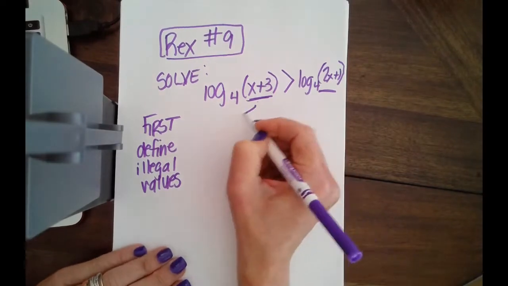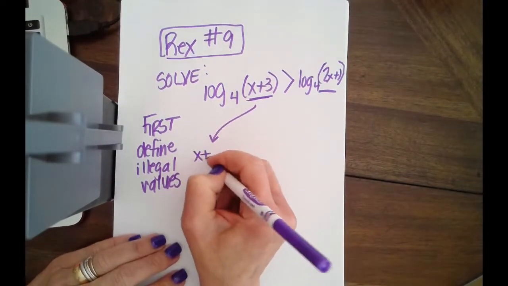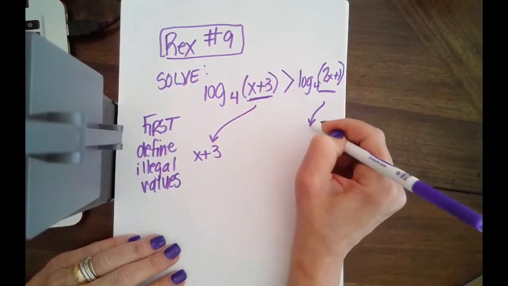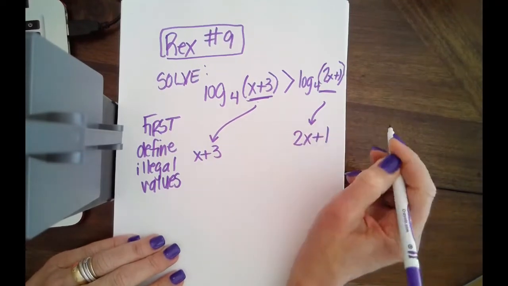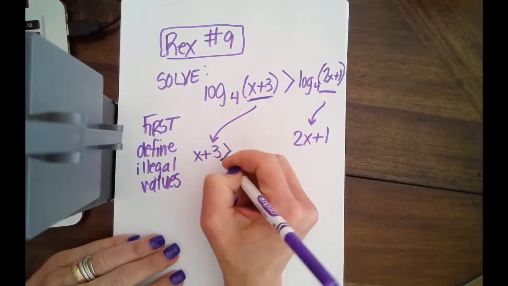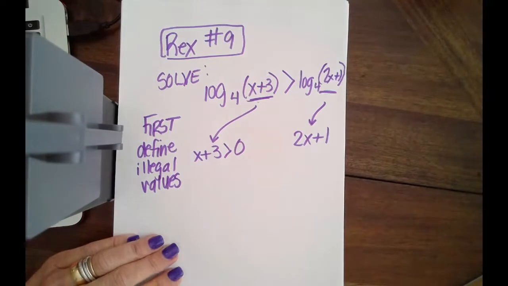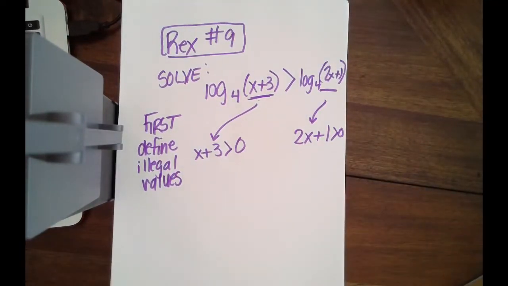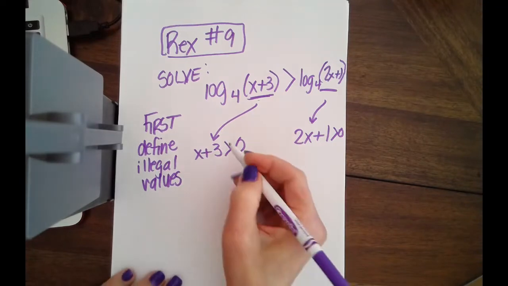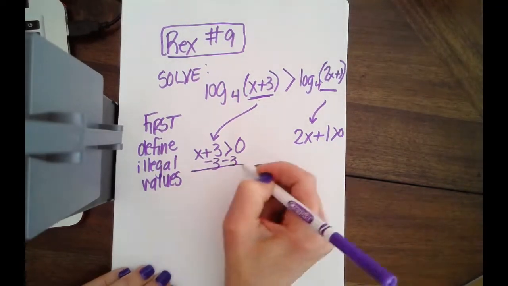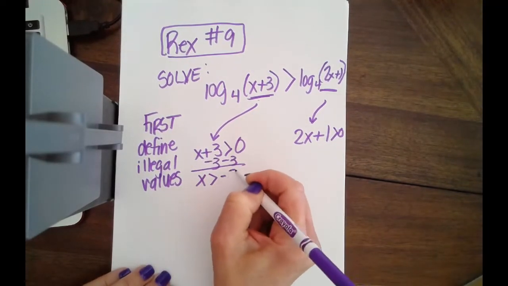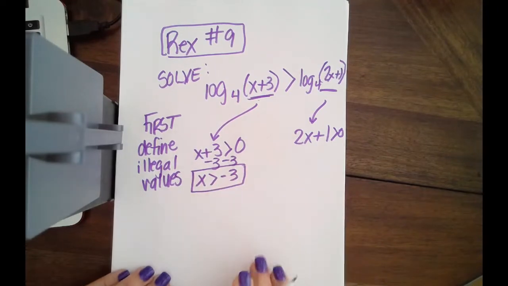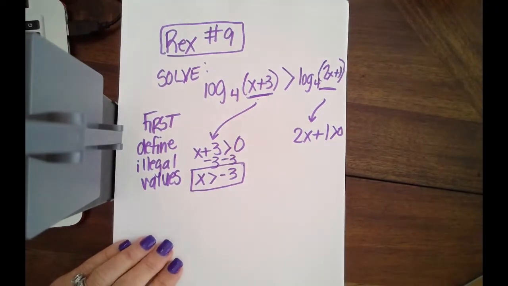So all you have to do is take both brocs, and we'll take this one over here, 2x plus 1. All right, and you're going to set it greater than 0 because your broc has to be greater than 0. So we're going to set it greater than 0 to tell us which values we need to pretty much stay away from. All right, minus 3. So one thing we know is x, whatever we solve for, x has to be greater than -3. If any of our values are less than -3, they are extraneous and they are out.